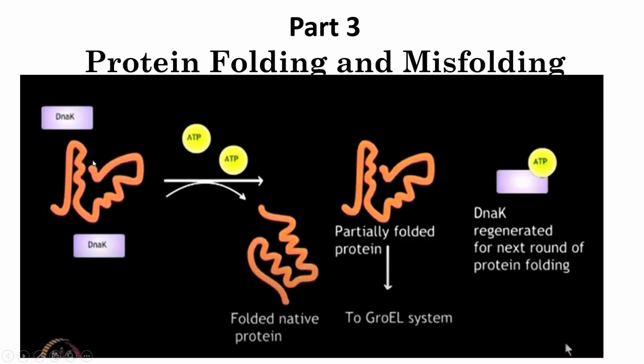It's the same thing: using these two enzymes, DnaJ and DnaK, the protein is partially folded. This is an enzyme which gets regenerated for the next round. Once ATP goes away, again those specific proteins can come in contact with some other unfolded protein and make it folded.